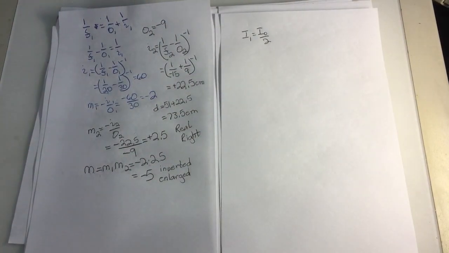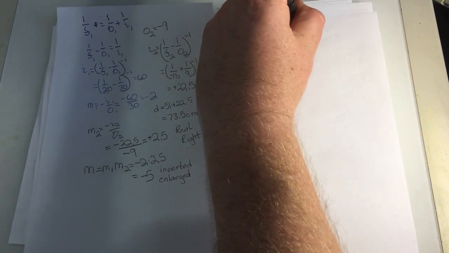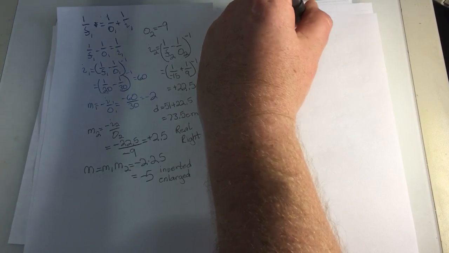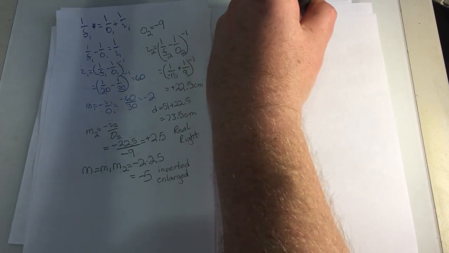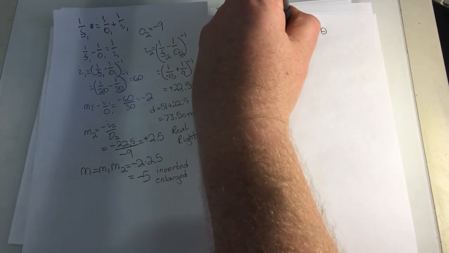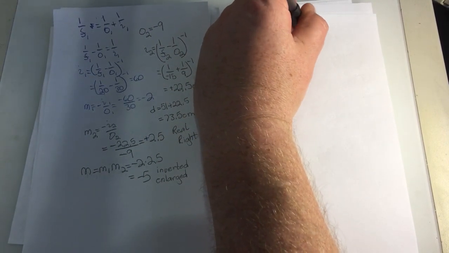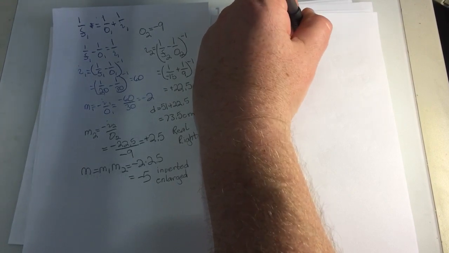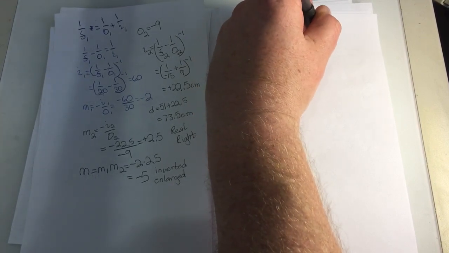For unpolarized light, it's I naught over 2. That's the light intensity in the middle. But we don't need anything about that because we've got I2 is equal to I1 cosine squared theta. This makes it I2 equals I naught over 2 cosine squared theta.